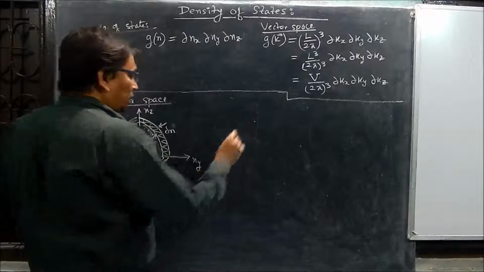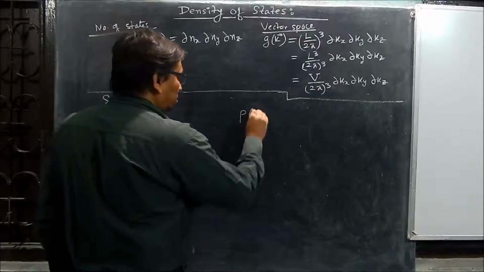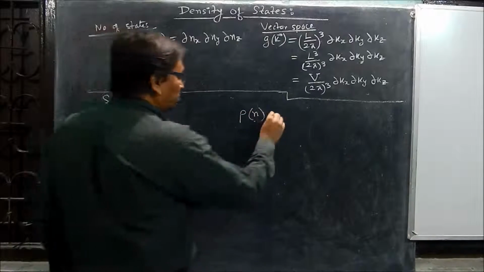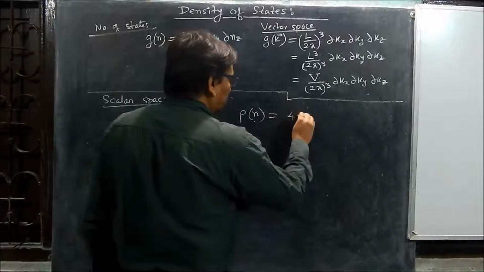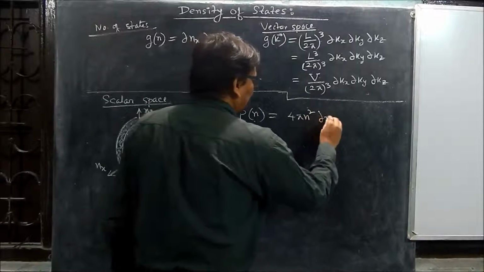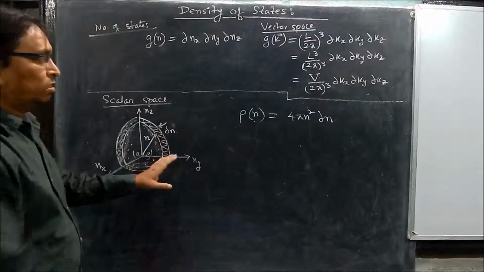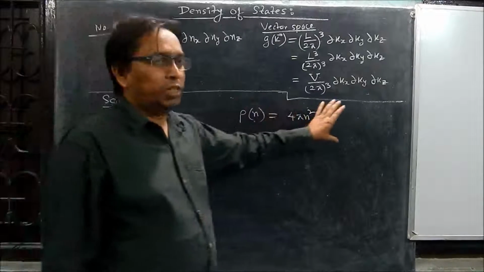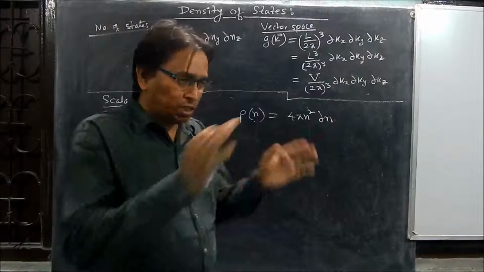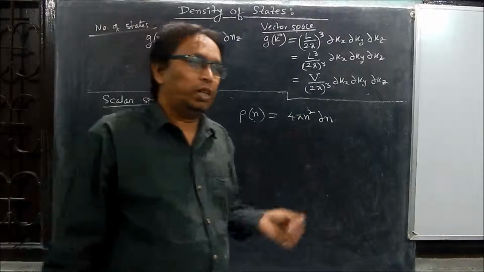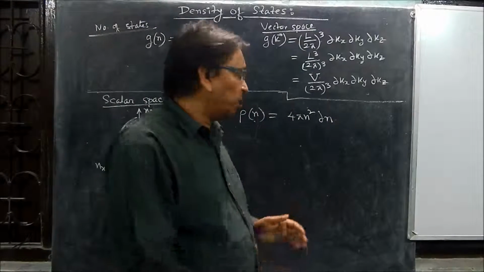This is called rho of n, and it is equal to 4 pi n square del n. This is the straightforward way of writing how much volume will be increased. 4 pi n square is the surface area of a sphere, into del n. So this much will be the increase in the volume.